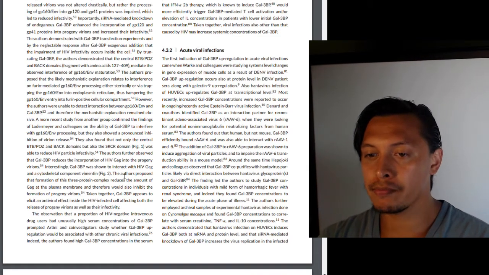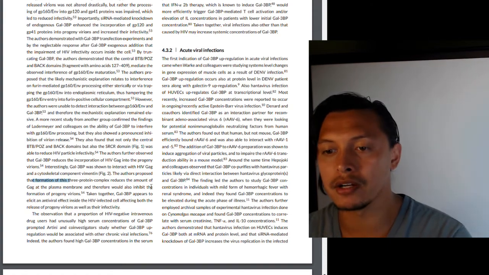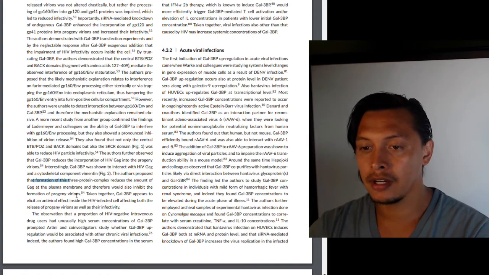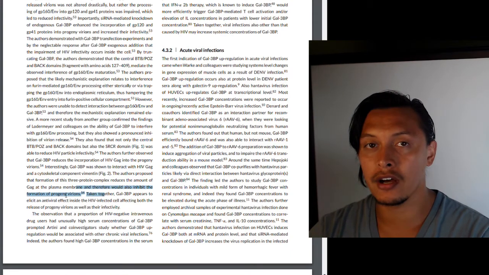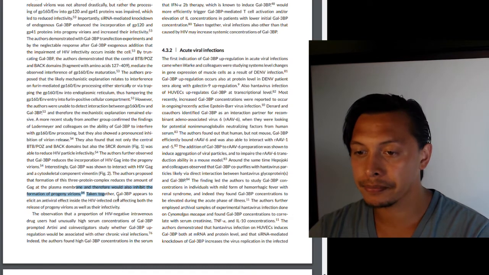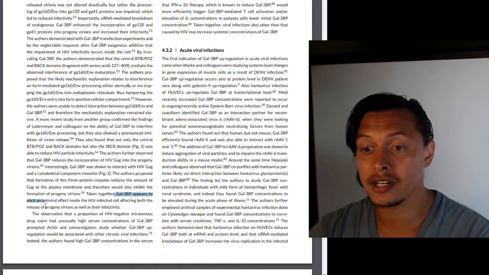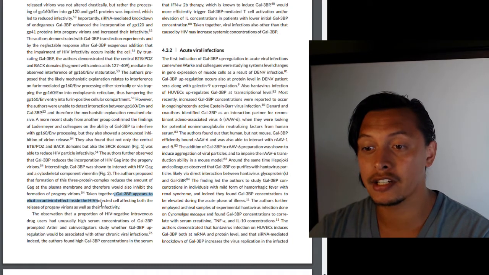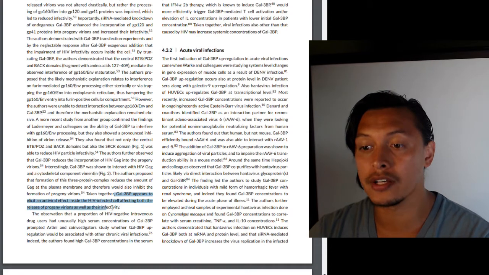So the authors proposed that formation of this 3-protein complex reduces the amount of GAG at the plasma membrane, and therefore would also inhibit the formation of progeny virions. Taken together, Gal3 binding protein appears to elicit an antiviral effect inside the HIV-infected cells, affecting both the release of progeny virions as well as their infectivity.